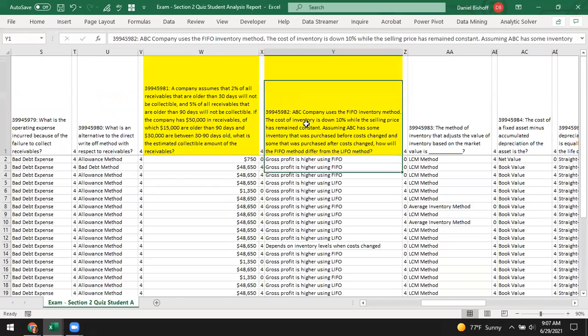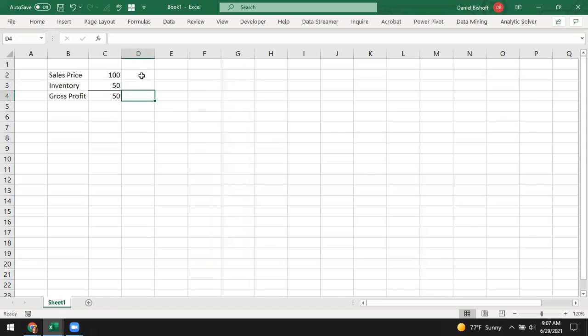Our question says, what if the cost of inventory is down 10%? So the sales price is the same. I'm actually going to copy that just to make formatting the same, and I'm going to multiply it by 0.9. So that would be down 10%.